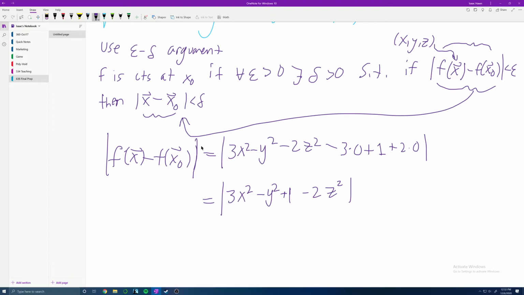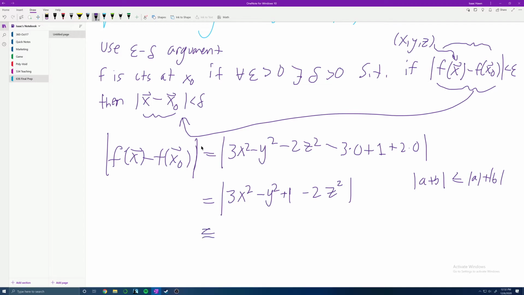Okay. So let's make sure we're doing this correctly here. All right. The triangle inequality states that if you have an absolute value of a sum, a plus b, that's less than or equal to the sum of the absolute values of the individual parts. So we're going to apply that here.